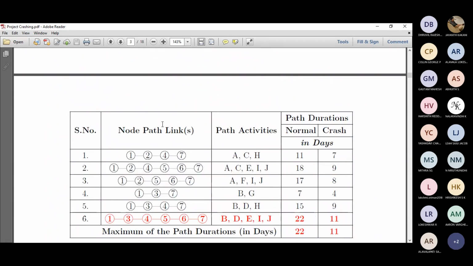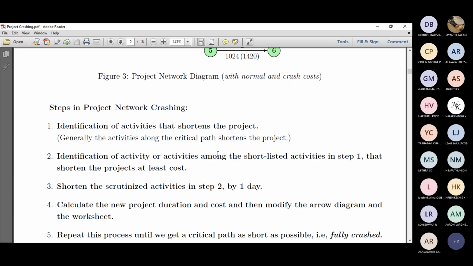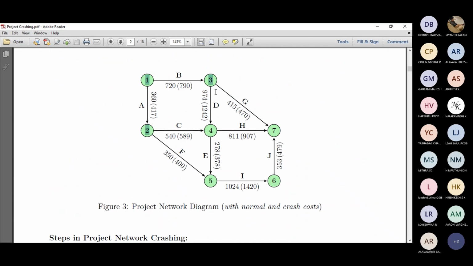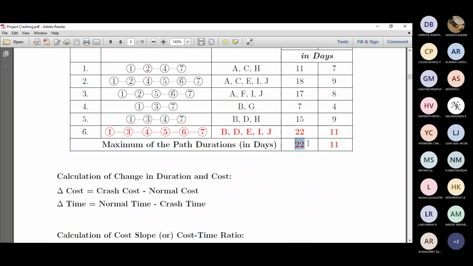So the steps we'll get back to a little later. This is a sanity check that we use in CPM to find out the critical path, right? So in this case, 1, 3, 4, 5, 6, 7 is critical. Like 1, 3, 4, 5, 6, and 7. So this particular path is critical, and the normal duration for that is 22.